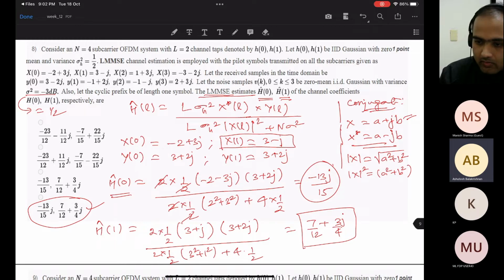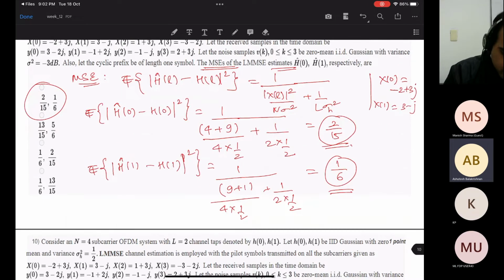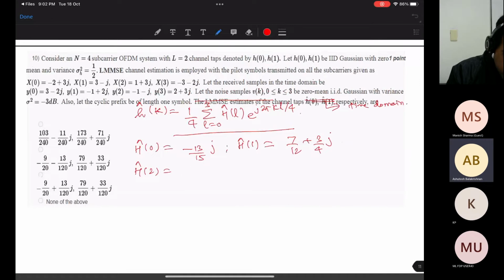So you need to then apply the IDFT. First we need to use this expression in question 8, compute the capital H hat, and then use the IDFT. So this is going to be the procedure. So this will be 1 minus 3j, 1 minus 8j divided by 12, and this is minus 23 by 12 plus minus 11 by 12j.